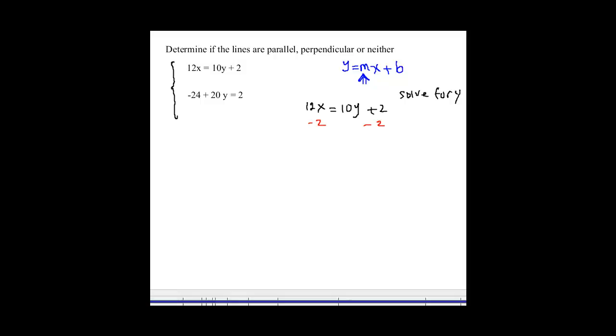Then on the right hand side, I get 10y. Left hand side, you get 12x minus 2. So let's write this as 10y is equal to 12x minus 2. And to solve for y, we need to divide each term here by 10.